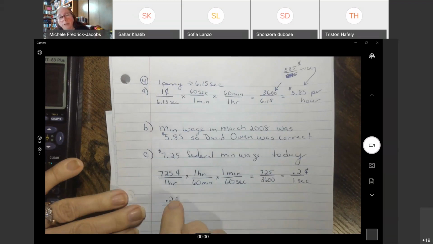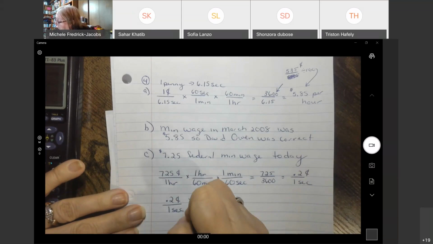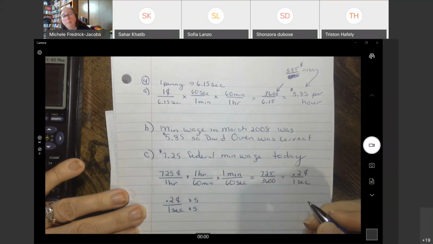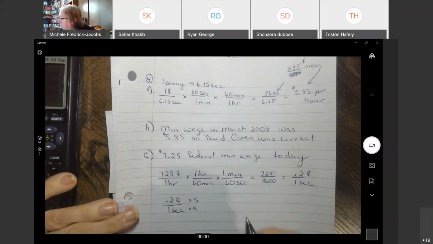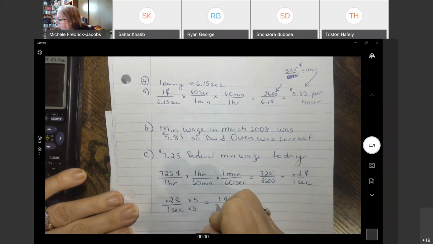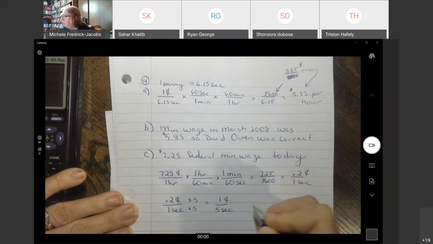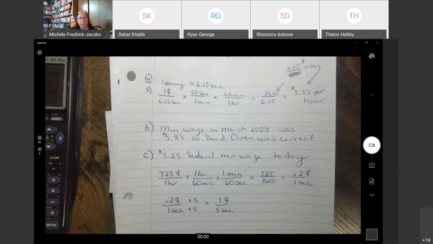Okay, so this is 0.2 of a penny. How can we get it to 1 cent? What can we multiply 0.2 by to get 1? 5. And when you're multiplying with a fraction, whatever you do to the bottom, you have to do to the top, just like when we did the primes. It was such a small value, we need to multiply to get it a little larger. So to get 1 cent, I need to multiply by 5. So I have 1 cent over 5 seconds. So every 5 seconds, you need to pick up a penny to make the current minimum wage.